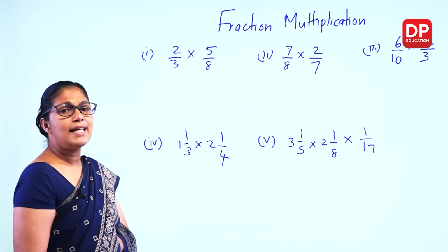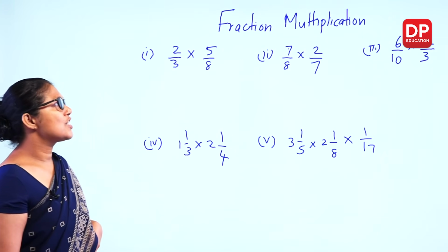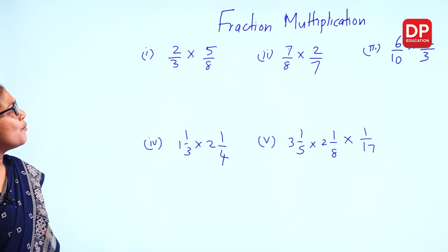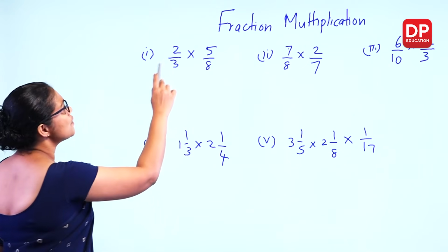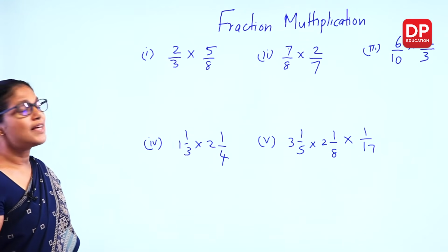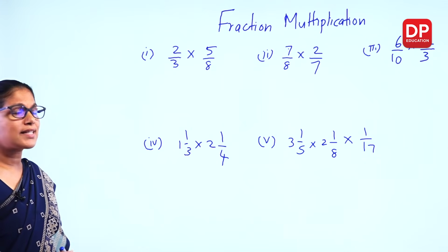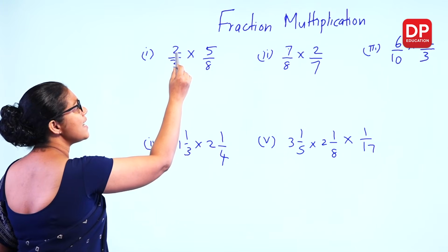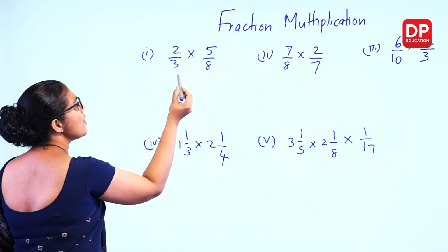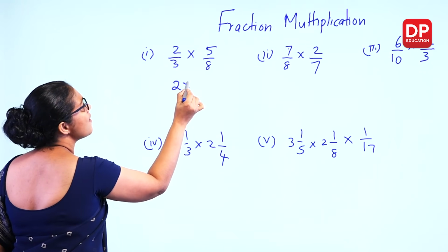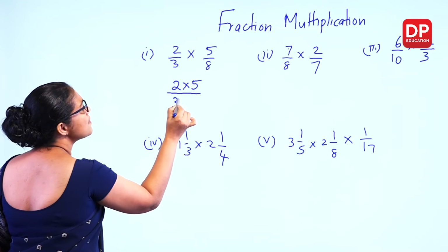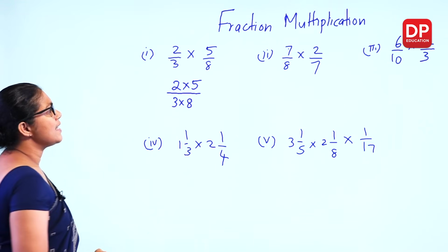Now we'll see fraction multiplication. So here, when you are looking at these fractions, first you can check whether there are common factors in both the numerator and the denominator. So I can write the same question as this. I can write 2 times 5 in the numerator, 3 times 8 in the denominator.